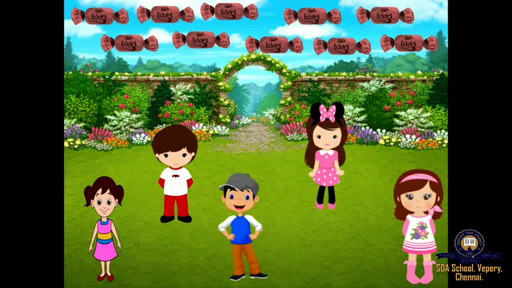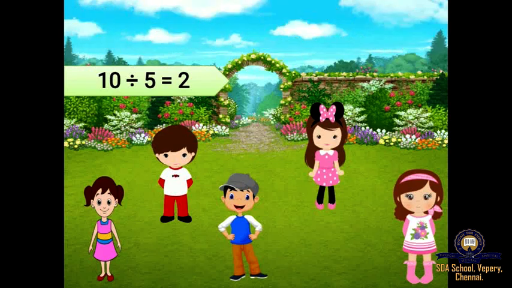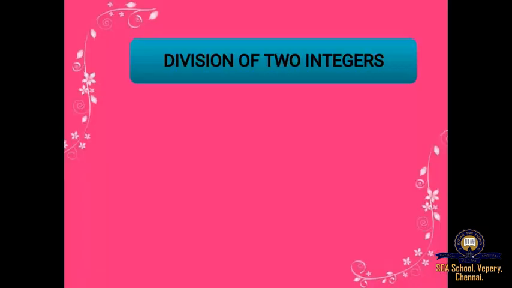Suppose I have 10 chocolates and I want to distribute them to 5 children. How many chocolates will each child get? Yes, 10 divided by 5, which is equal to 2. So each child will get 2 chocolates. So we know how to divide, right? Now we will see how to divide two integers.